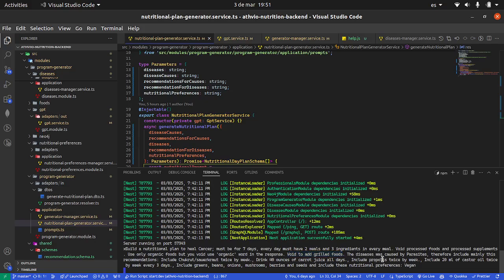The disease was caused by parasites, therefore include mainly this recommendation. I am saying that cancer was caused by parasites. Therefore, include mainly this recommendation: include sauerkraut twice per week.